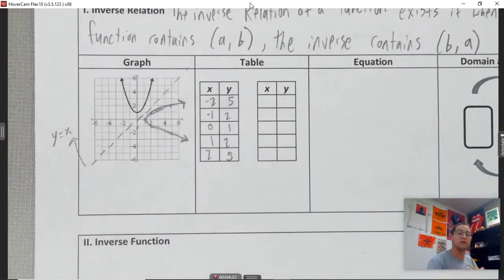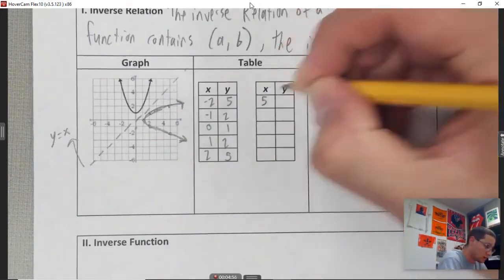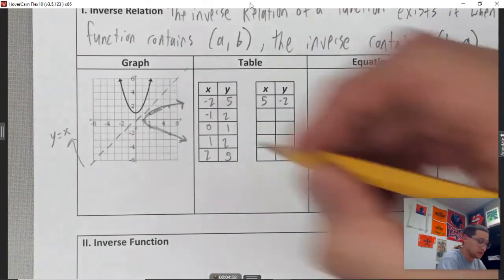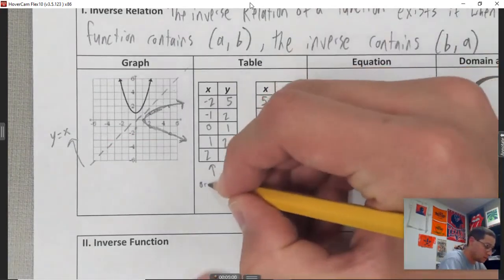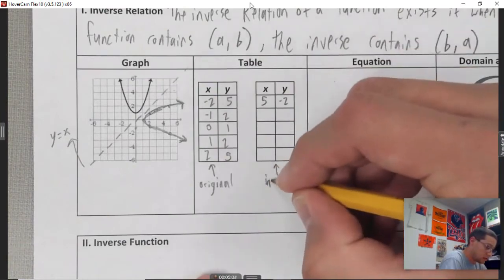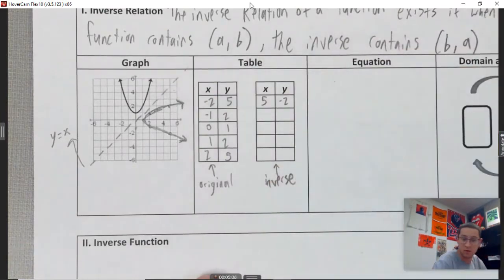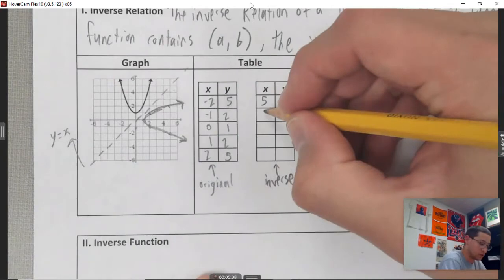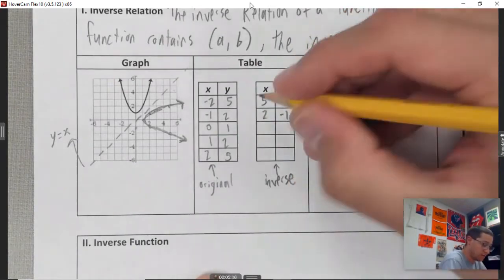So what was the x is now the y, and what was the y is now the x. So we're just going to switch them. This is the original, and this is the inverse. We literally switch all of our points. We just flip-flop them.